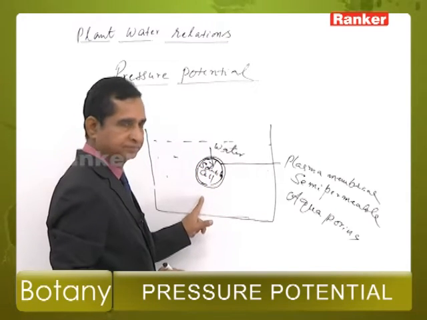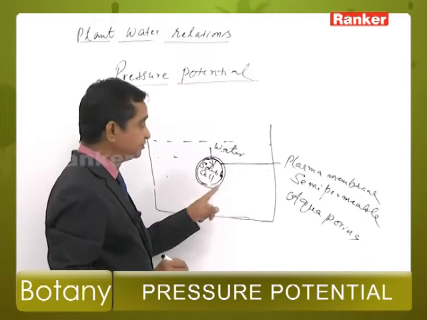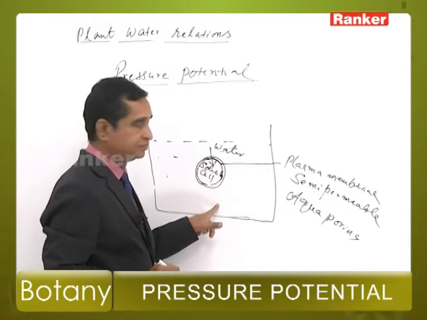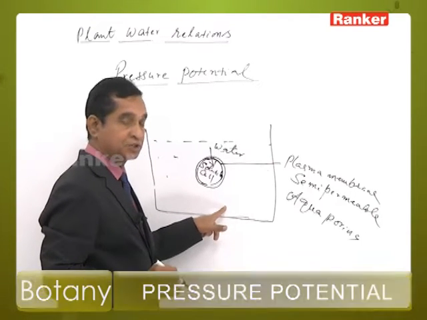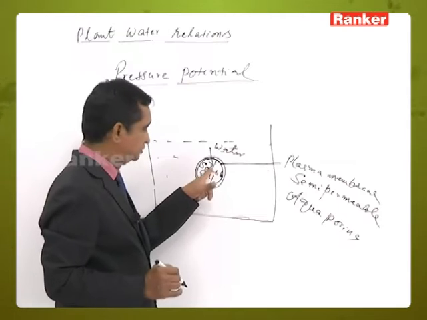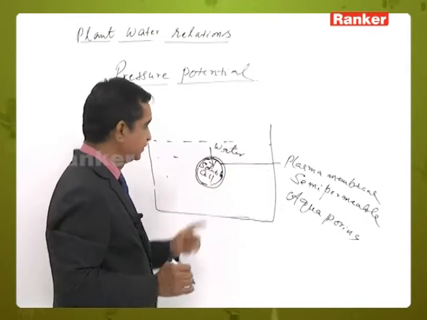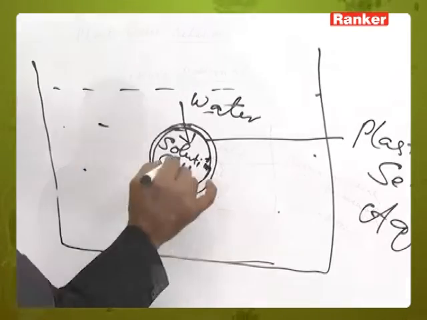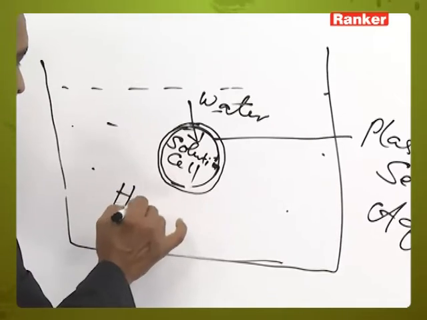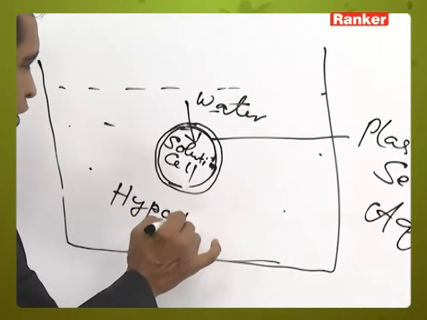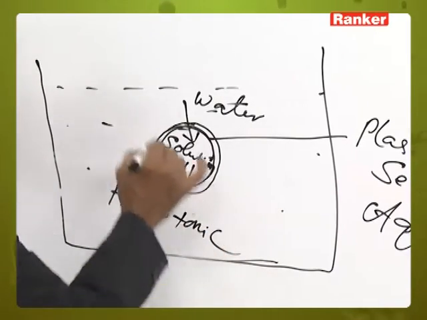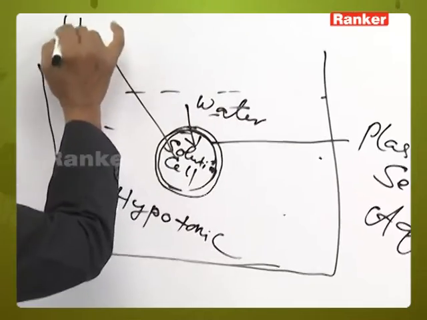And the water, or even if salts are dissolved in this water, its concentration should be lower than the cell solution. So here it is hypotonic, and this is hypertonic.